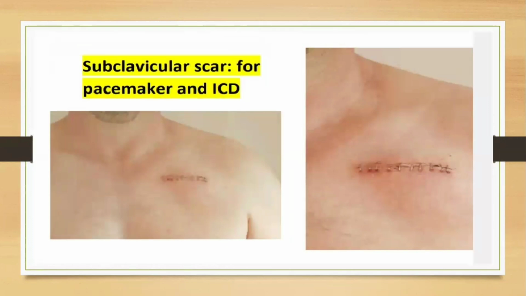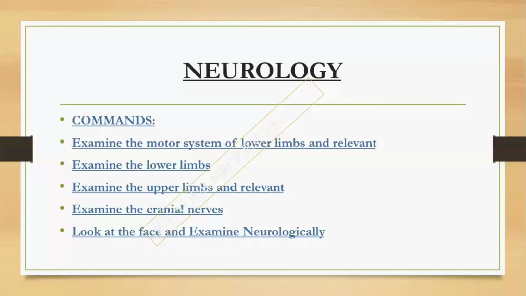These are the pacemaker scar or implantable cardioverter defibrillator device scar, and they are present in the subclavicular or infraclavicular area. Once you find this scar, always think about whether this patient has a pacemaker in situ or an implantable cardioverter defibrillator.